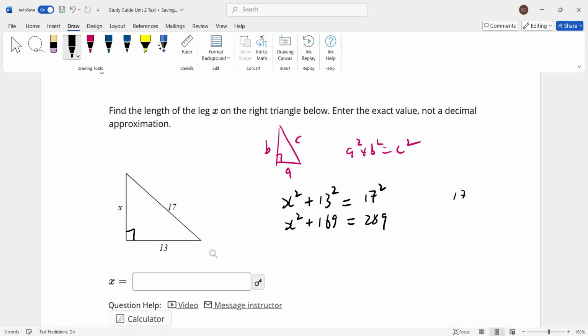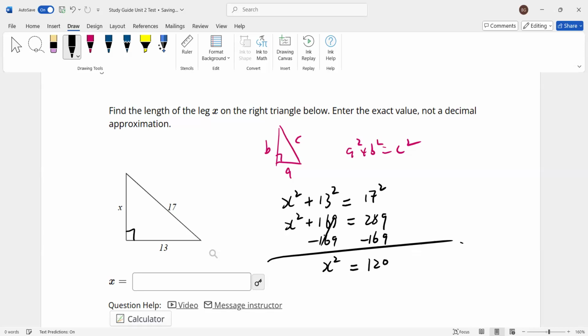Let me just double check. Yeah, 289. Okay. And we are going to minus 169 from both sides to isolate x squared. On the right side, 289 minus 169 gives us 120. Right? 120.